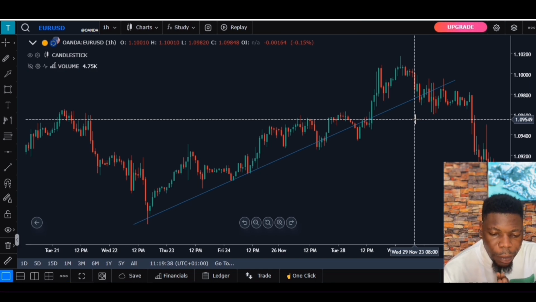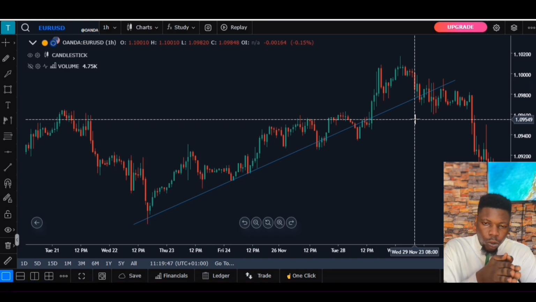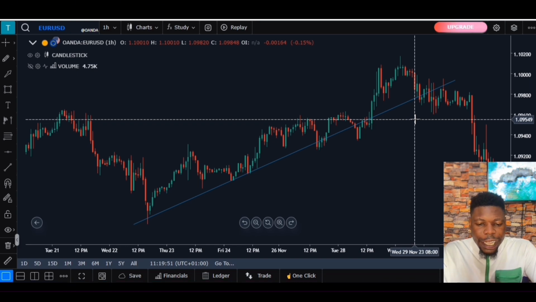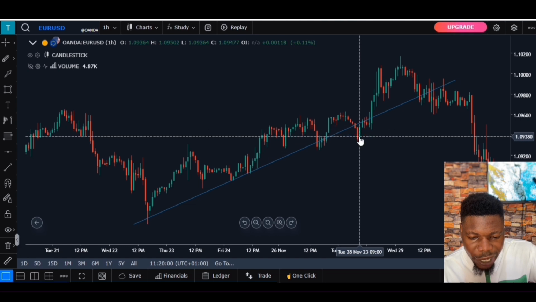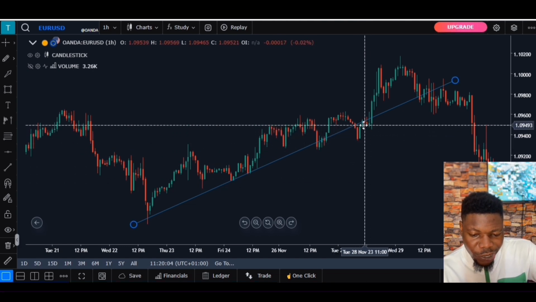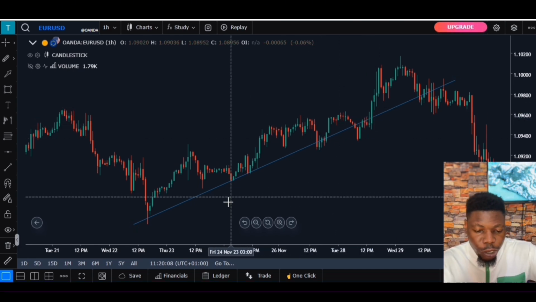The market makers and the big banks know people trade a trend line, so they will try to manipulate you, take you out, create a fake out, and take your stop loss. When this breakout happened, some people thought it was a breakout and got in straight, and some people thought this was resistance, got in, and it still went up. So all these things are just manipulations.